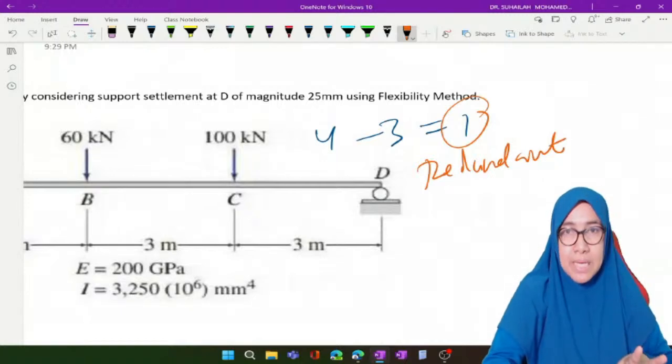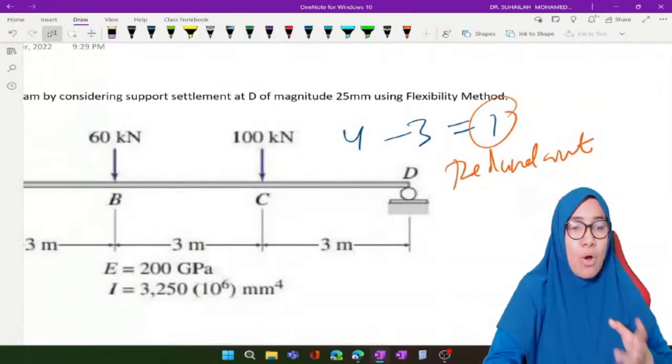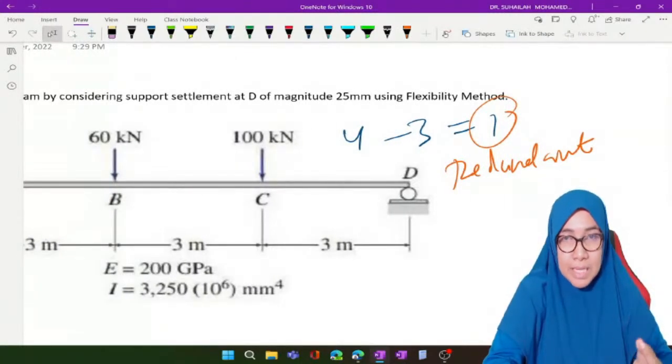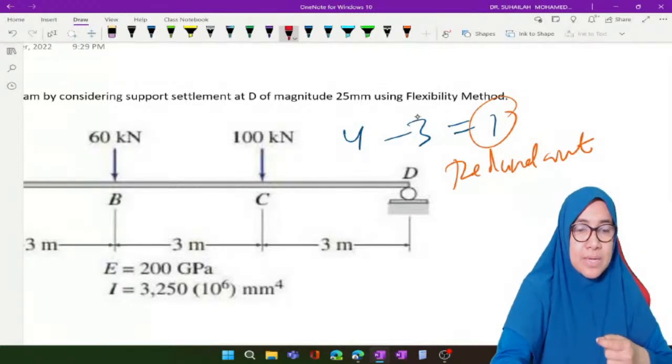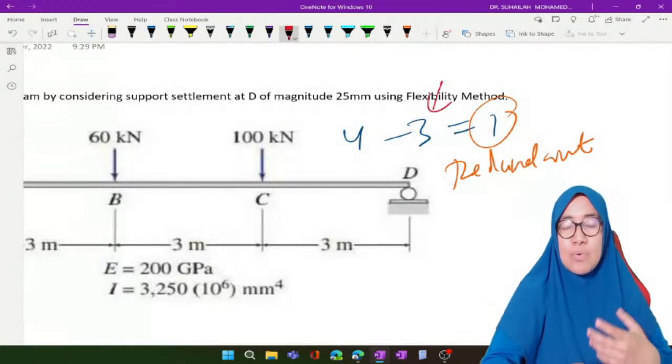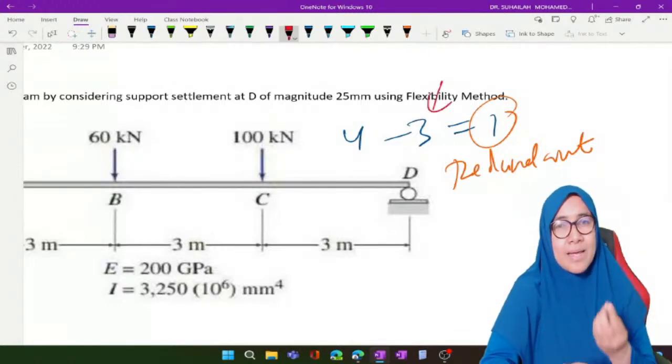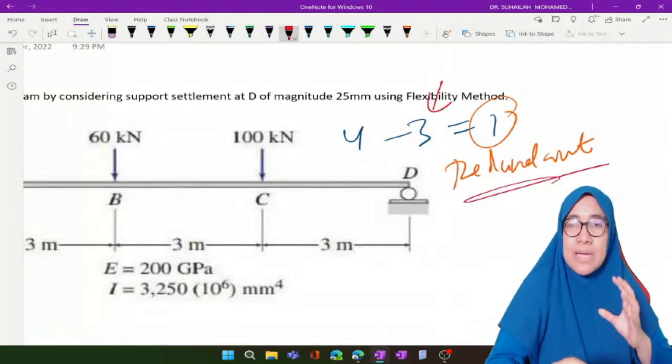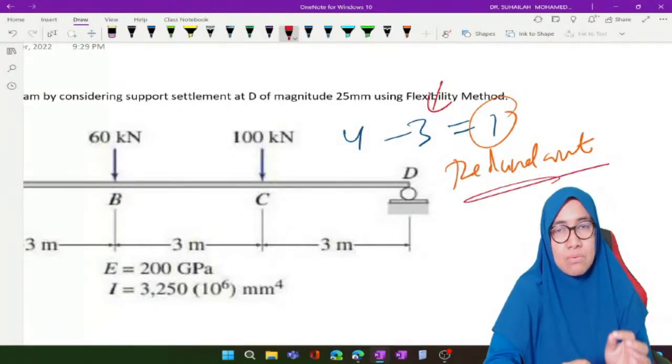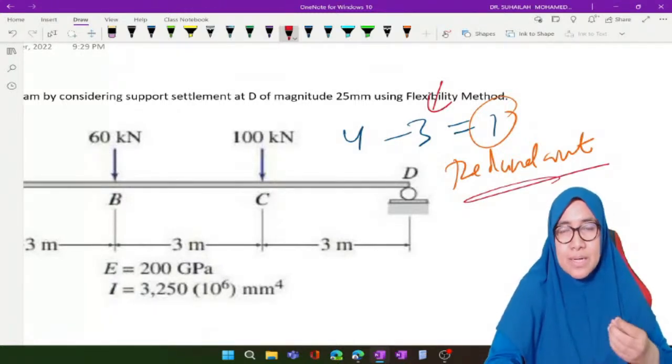What does it mean? We can only calculate three using equilibrium equations after we determine the redundant, because now the redundant is the problem.